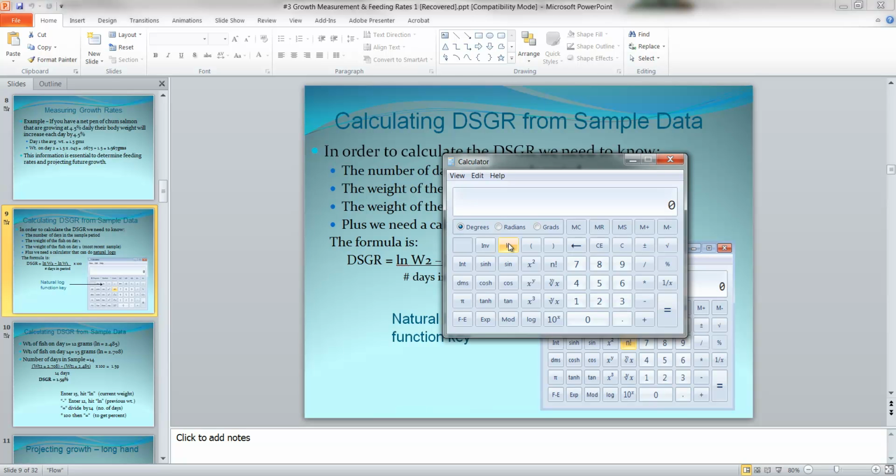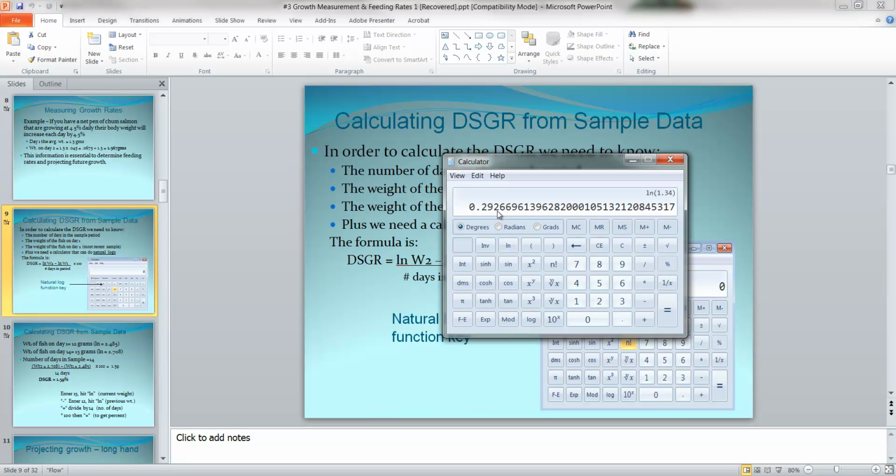Okay, so now let's walk through this. I'm going to type in my W2, my newest weight, which is 1.34 grams. To get the natural log of that, I hit this button and it converts it.